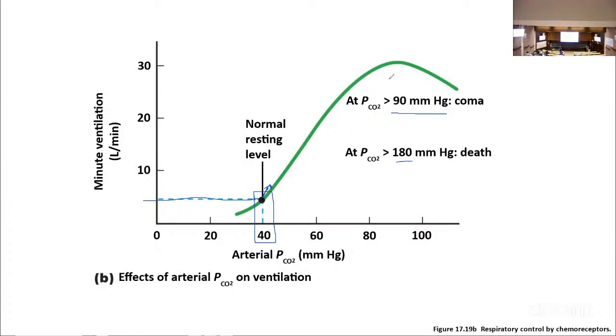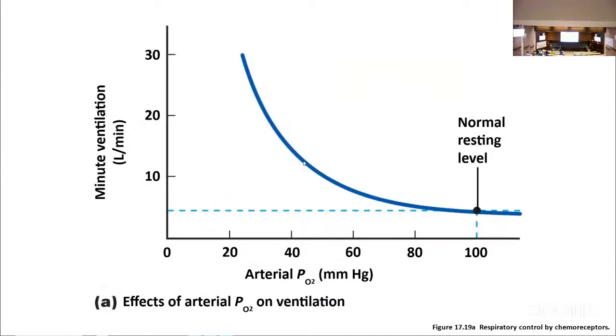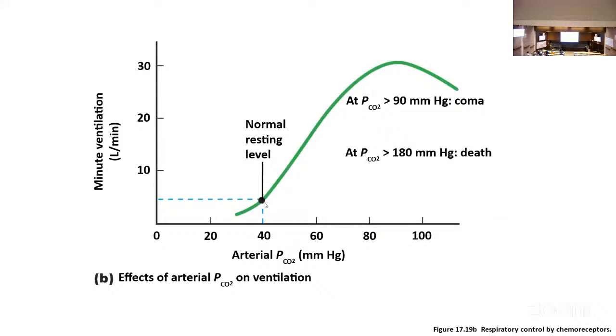So we can see that once we get up this far, big problem. Versus in our arterial partial pressure of oxygen, it wasn't until we changed this by like 40 or so that we start to change our breathing significantly, versus if we change our PCO2 here by 40, we're about to go into a coma.